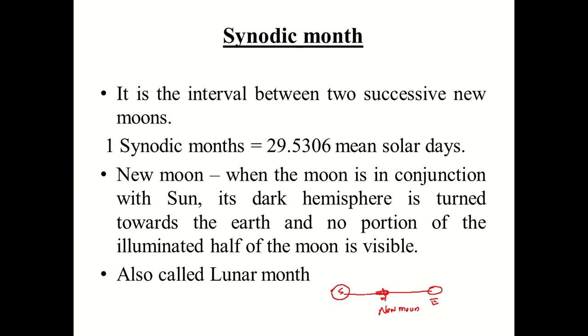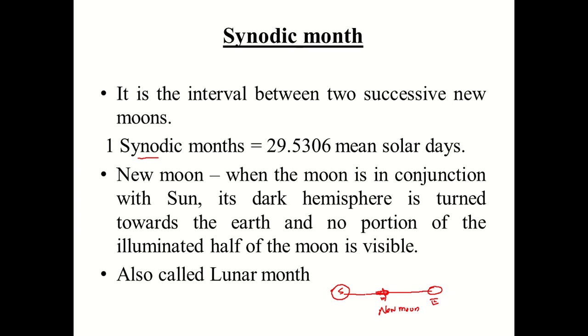In the new moon we cannot see the moon; no illuminated part of the moon is visible. Only the dark hemisphere of the moon faces us during the new moon. So this time interval between two successive new moons is called the synodic month.